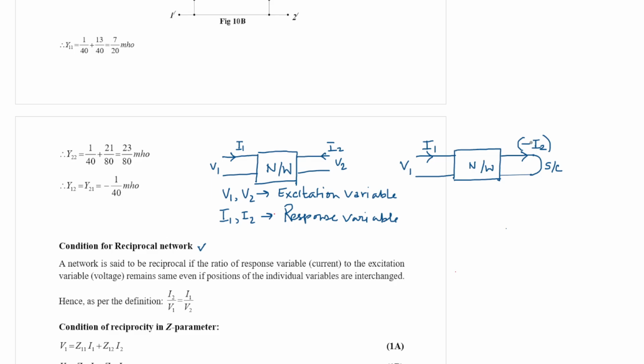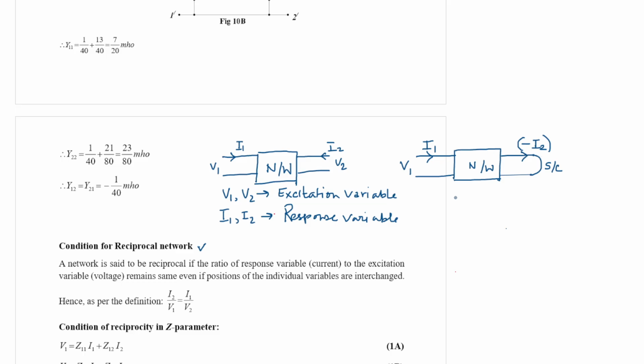So why am I taking this one as a minus? Because as far as the two-port network topology, the conventional current direction I1 and I2 is flowing into the network, right? It is not away from the network. So since at the output side or the secondary side the current flowing is away from the network, we are considering this to be a minus I2.